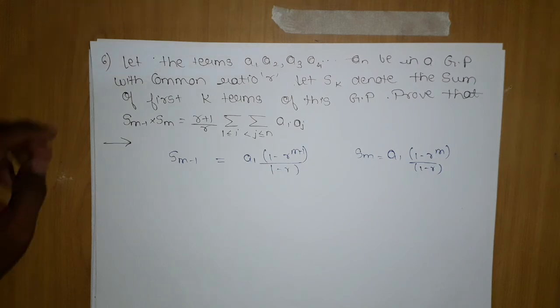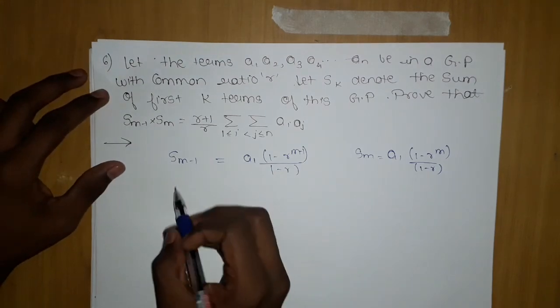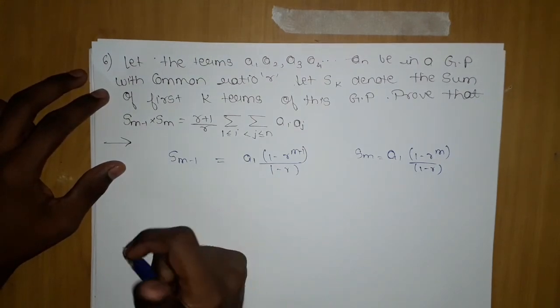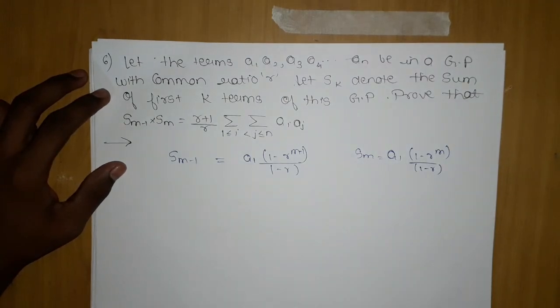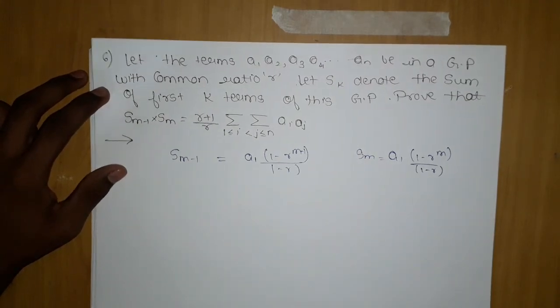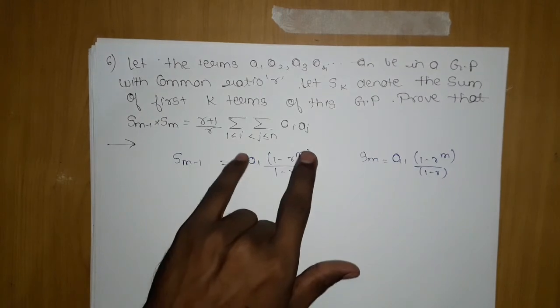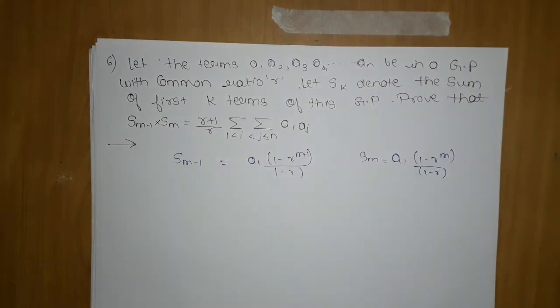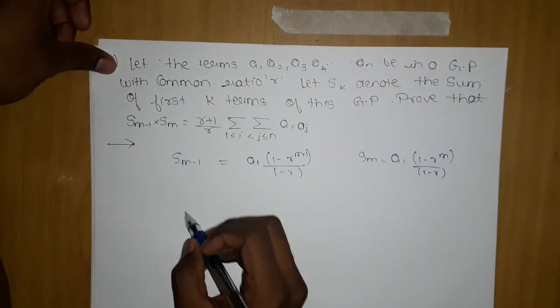So let's understand: denote the sum of the first k terms of this. You prove that. Now you can clearly make out that we need to apply that dependent variable thing, so let's apply this.